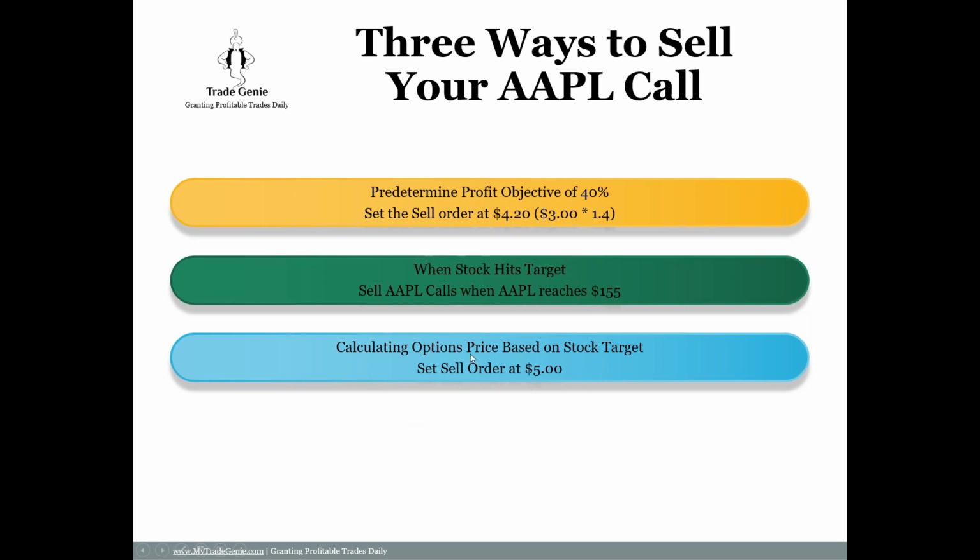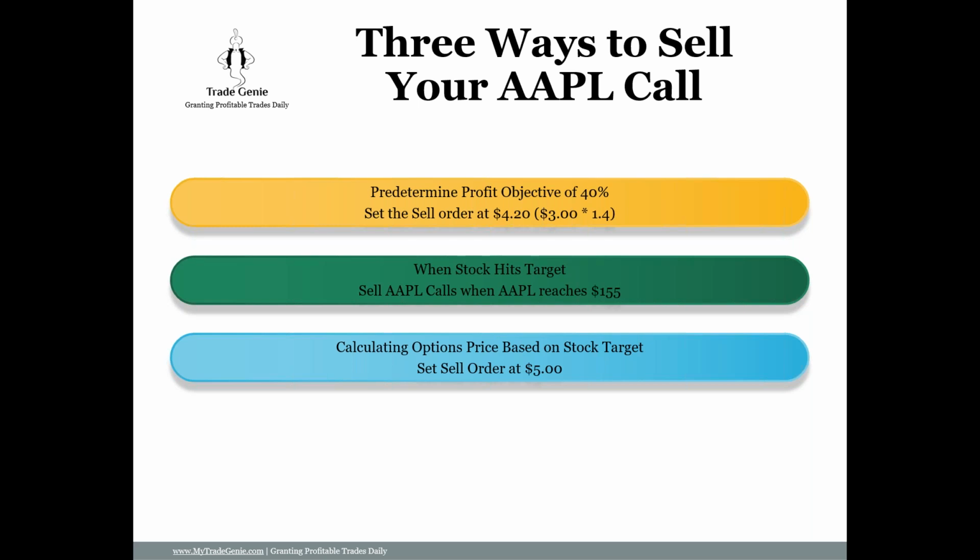The third way is calculating the option price based on a stock target. So every day you plug in your target price, you put the strike, you have to put some other values, how many days are left, etc. And then the calculator will spit out the estimated price at the time when Apple is hitting 155. There are various ways of calculating.